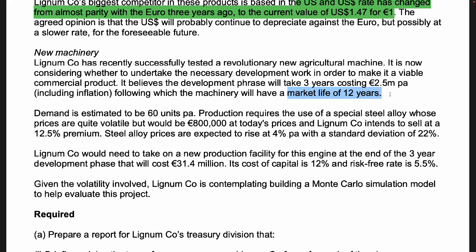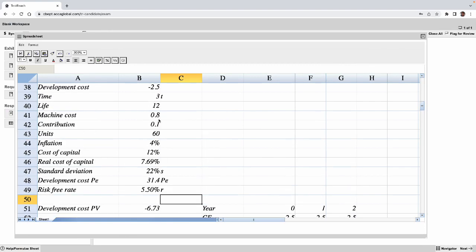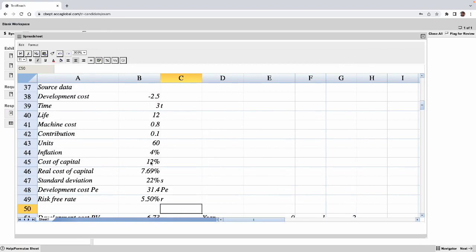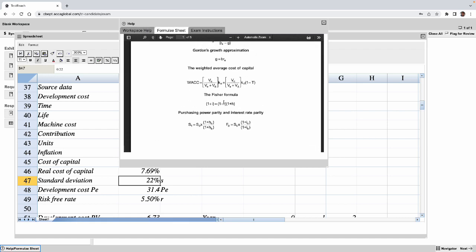So in that sense, what I did was I'm now going to use the real cost of capital based on the inflation here. This is the number. Do you remember how to get the formula for that? The real cost of capital formula, if you're not so sure, is available here.